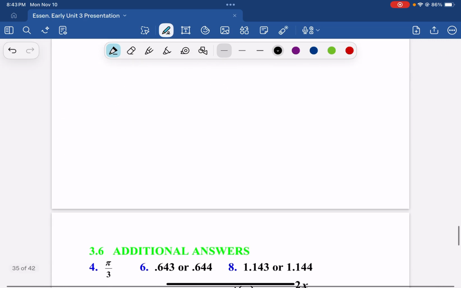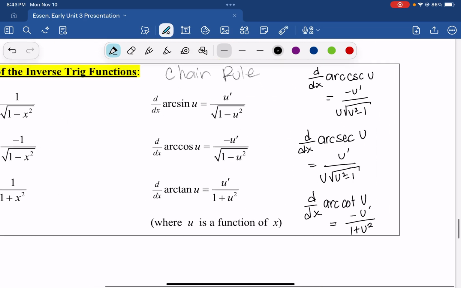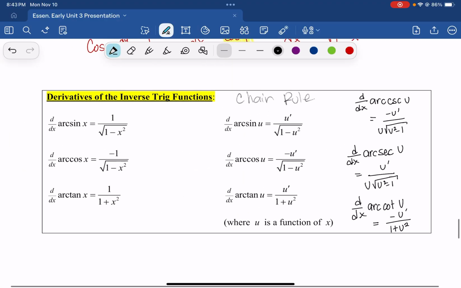Okay, so ultimately you are going to want to memorize these derivatives of our inverse trig functions. Right, sine and cosine are almost identical except for that negative in front of our arccosine. Okay, tangent does not have a square root.